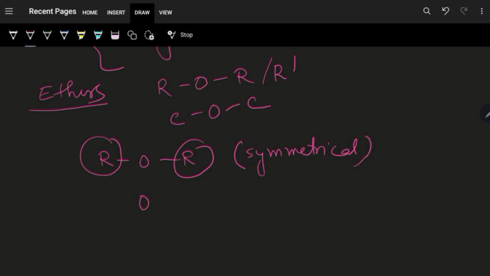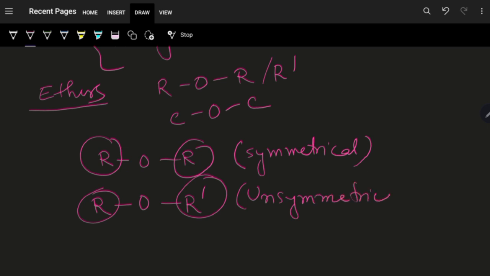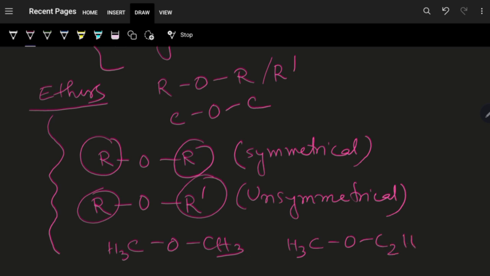And if on both sides of oxygen there are dissimilar groups, different structures, then they are known as unsymmetrical ethers. So these are ethers. An example of a symmetrical ether is CH3OCH3. The unsymmetrical one is CH3OC2H5.